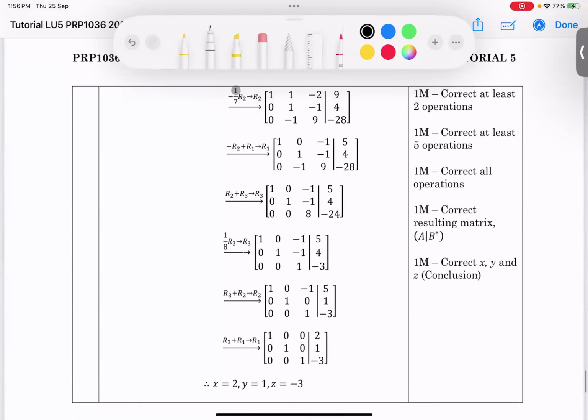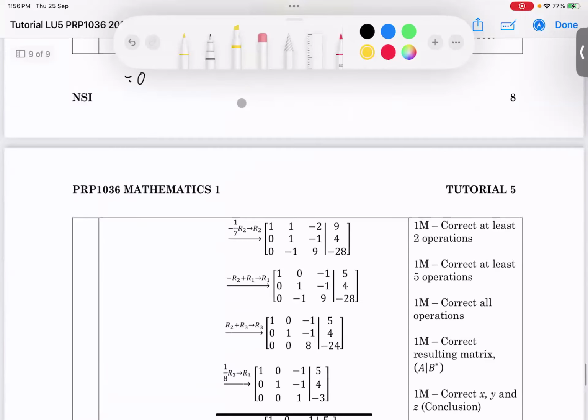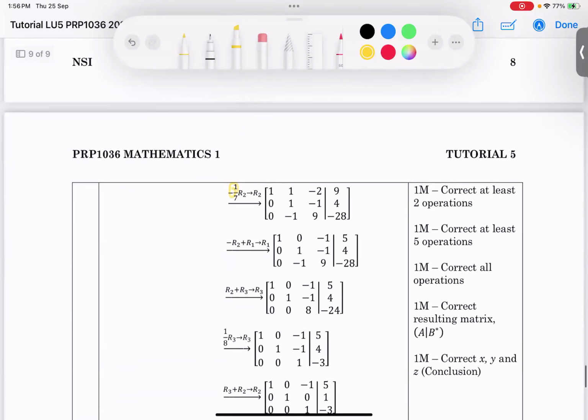That's why suddenly there is -1/7. Why? Because you look at this row, they are not one. Hence, how do we get rid of this number so that they become 1? So you can multiply by -1/7 so that it becomes 1. When you multiply, here also, here also.